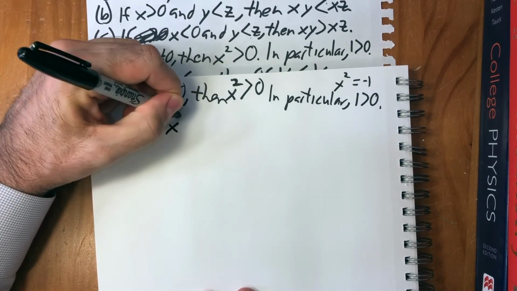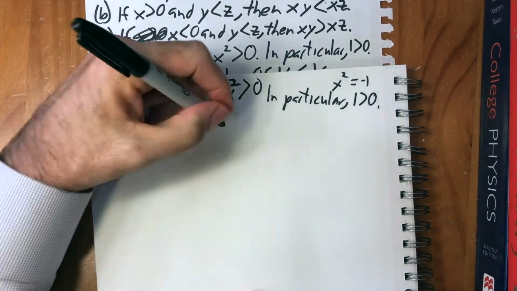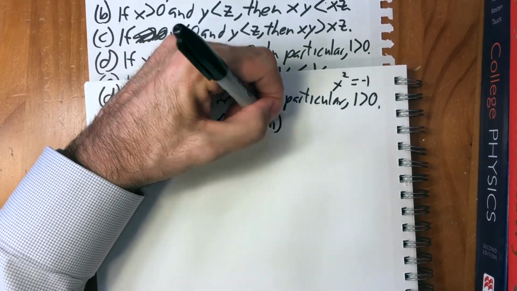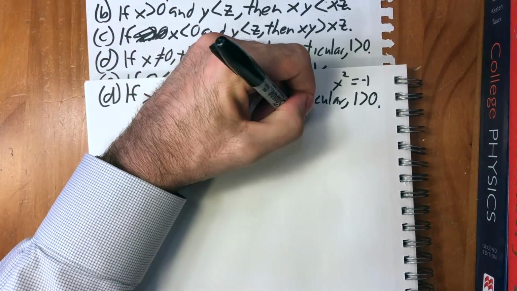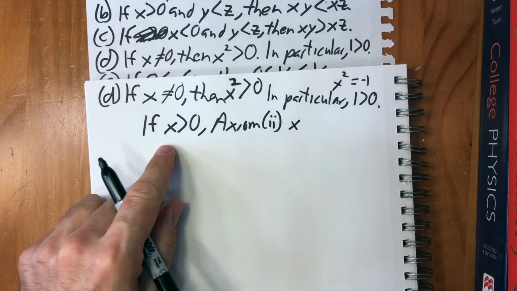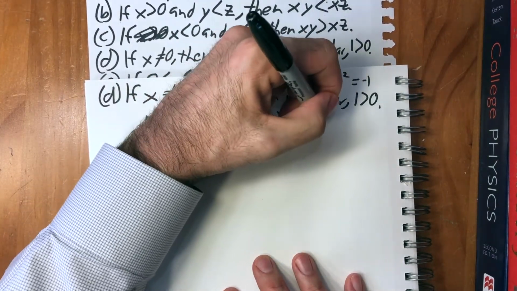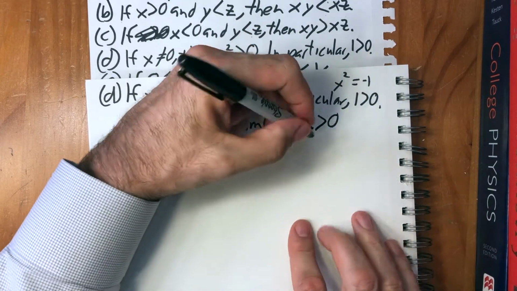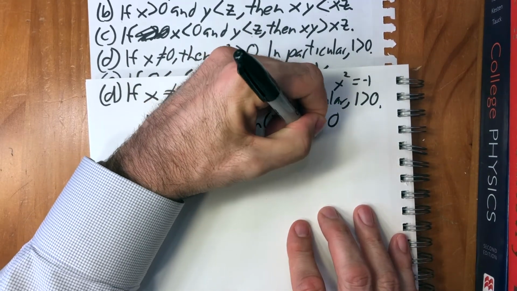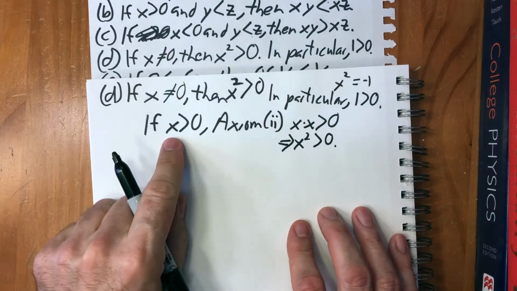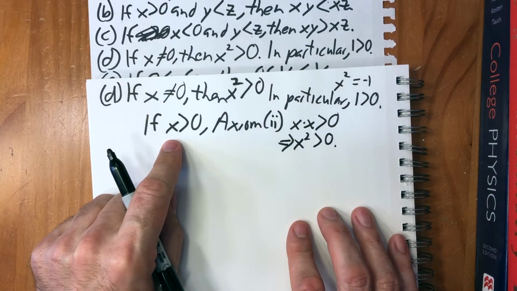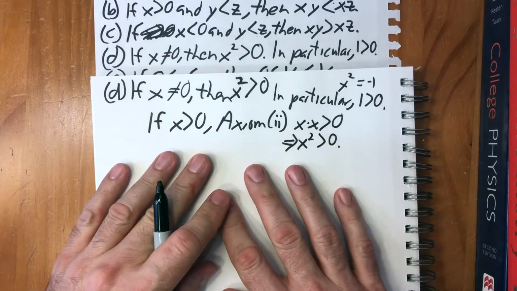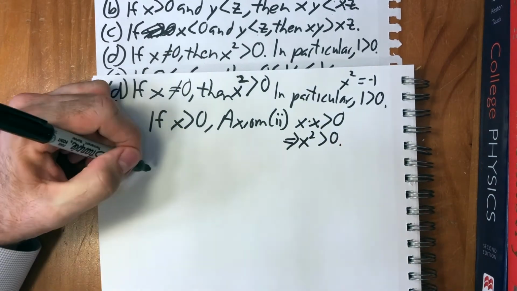If x is greater than 0, then we've already done it because axiom 2 says that if you have two numbers that are positive, then the product is greater than 0. So if we multiply one number that's greater than 0 by another number that's greater than 0, the product is greater than 0. So positive numbers have already been done.